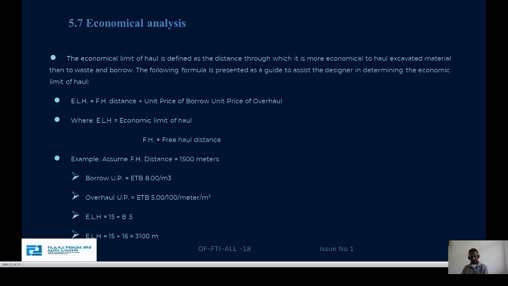The borrow material is 8 birr per cubic meter. The overhaul distance is 5 birr per one station or 100 meters per cubic meter. So lastly we get the economic limit of haul.